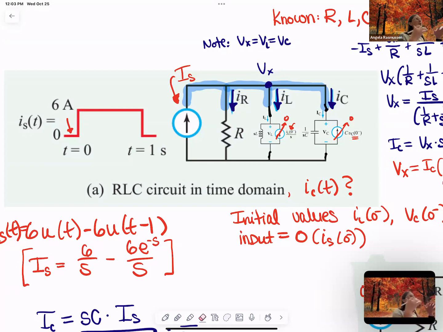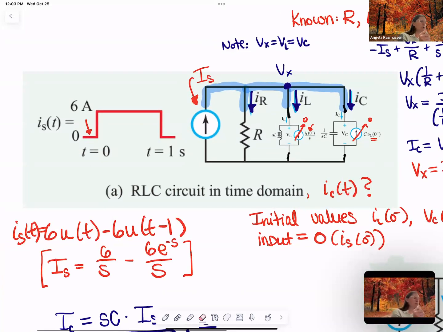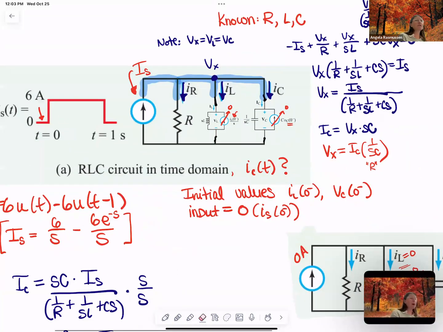And then there will be these circuits where you have to solve the full circuit and do it from the S domain. So being able to do all of the steps: finding initial values, writing the equation, manipulating the equation to get to a partial fraction expansion, understanding how to get those values from the partial fraction expansion, and then going back into the time domain.